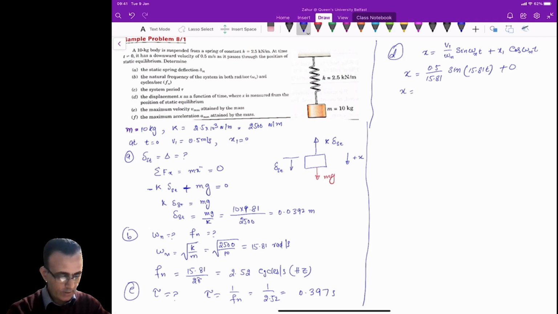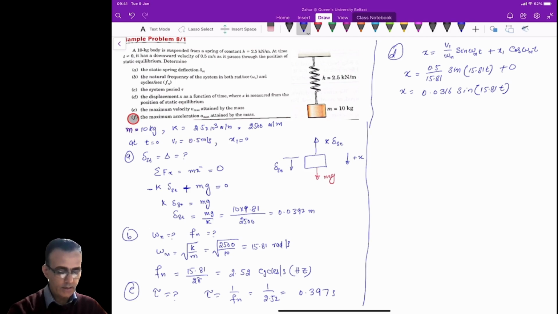You can simplify this equation, so it becomes 0.0316 sine 15.81 t. So this is the equation for x as a function of time.